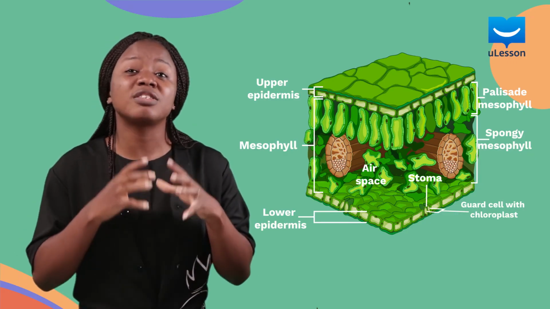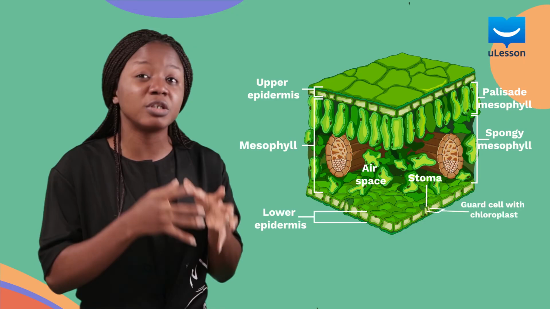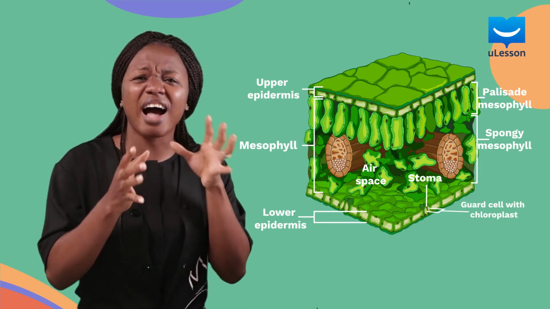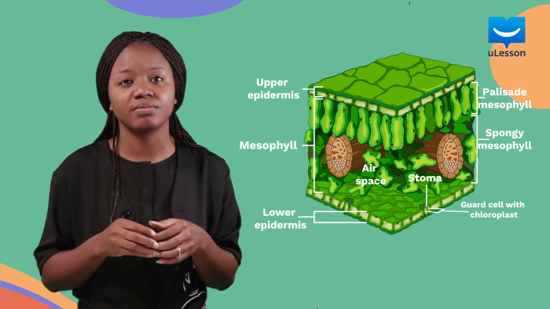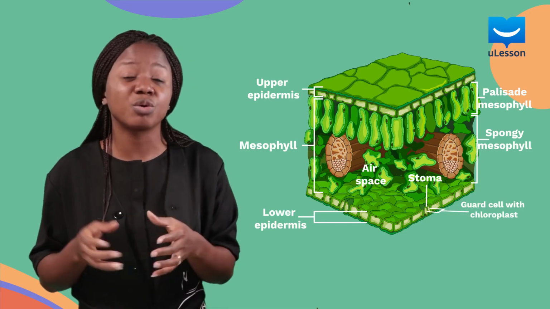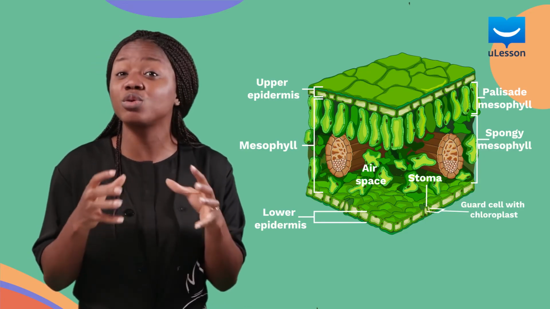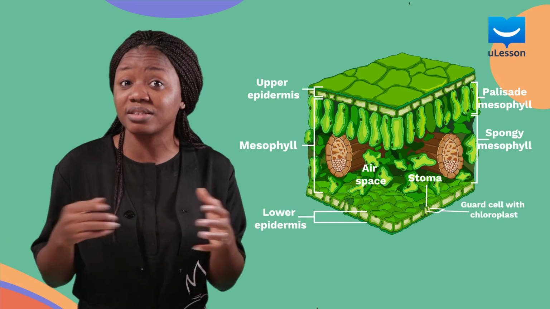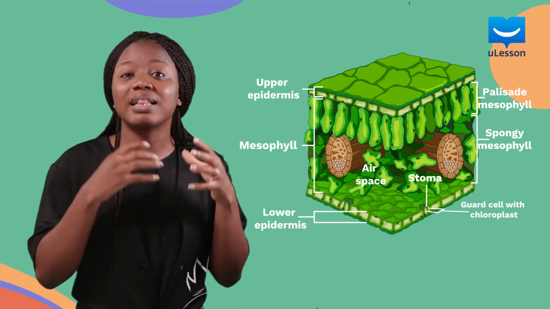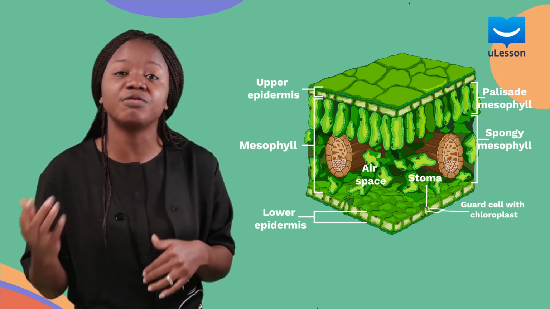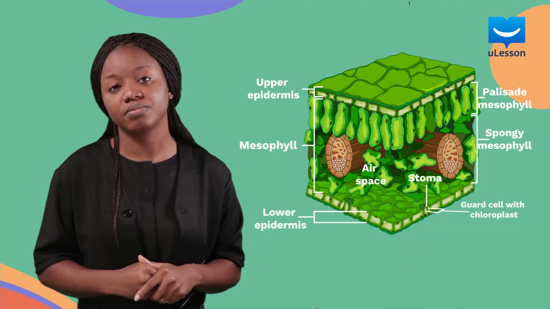We elaborated on the sponge-like nature of the spongy mesophyll with its large intercellular spaces, the guard cells that contain chloroplasts, and also open and close the stomata. And the stomata itself, the pores that allow gaseous exchange between the leaf and its environment.